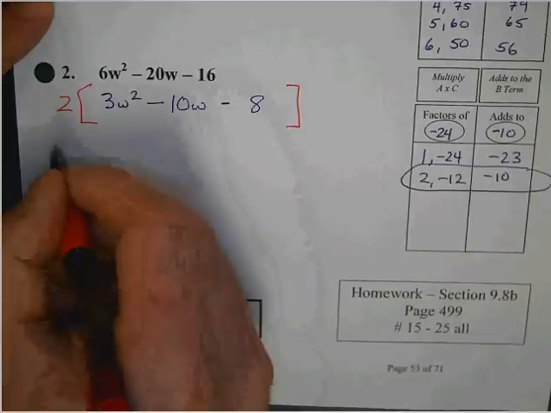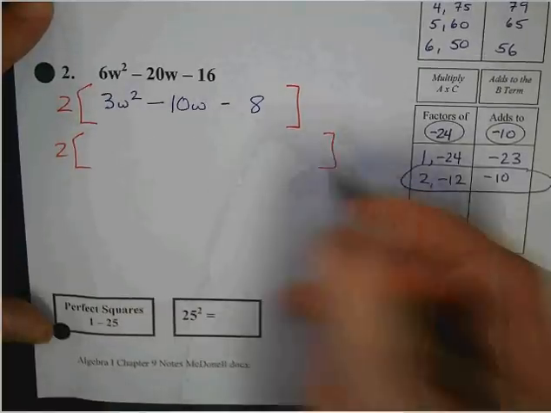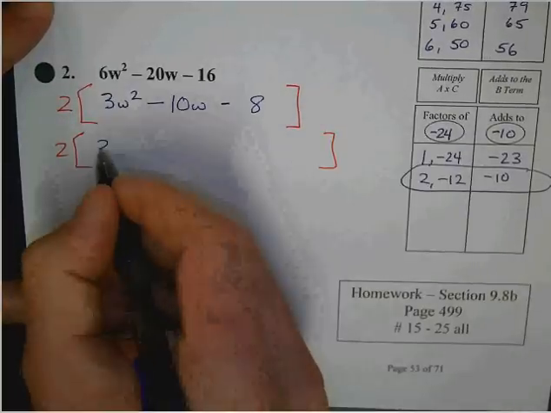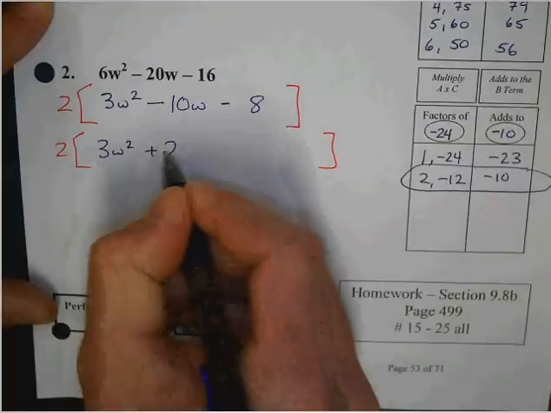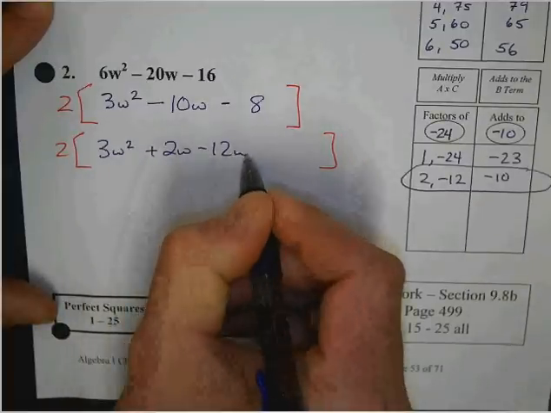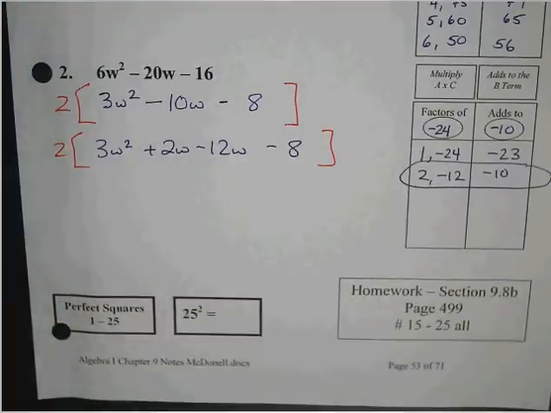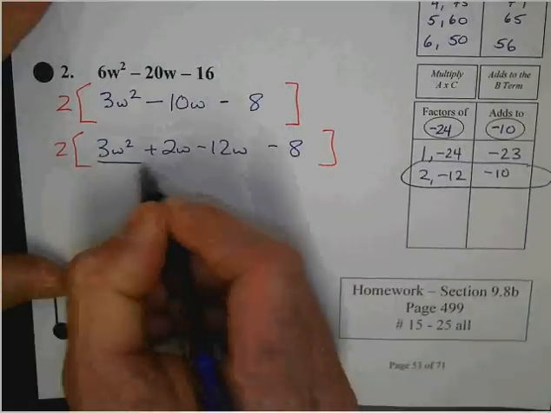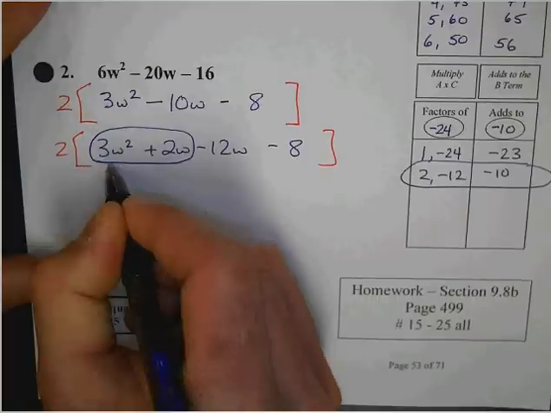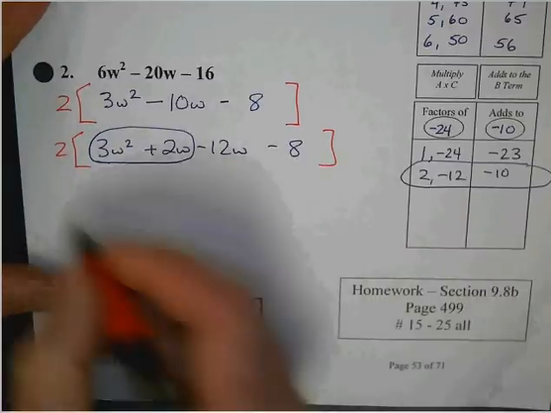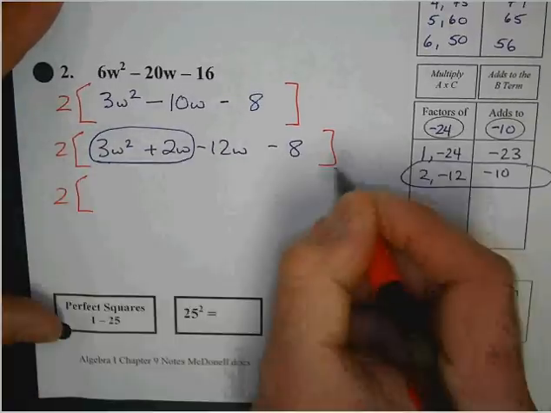Drag down the 2. 3w squared plus 2w minus 12w minus 8. Now look at the GCF of the first two terms. If it helps, circle them. W. But before you do anything, drag down the 2.